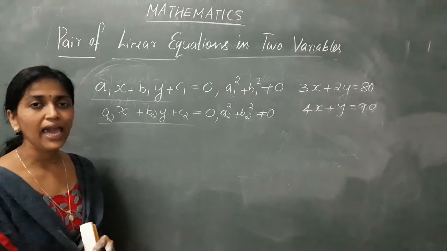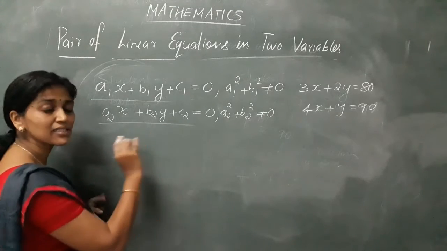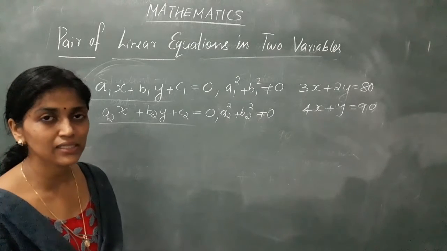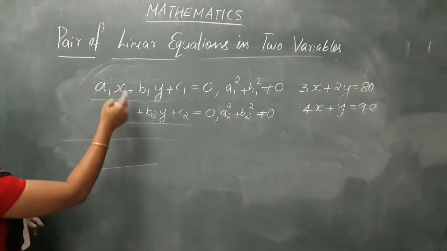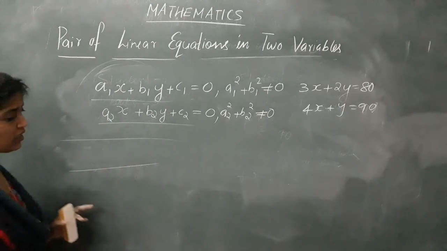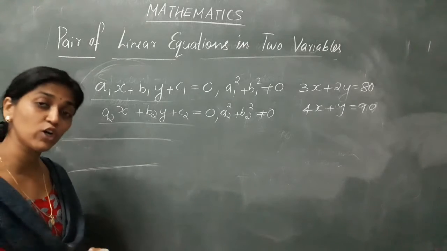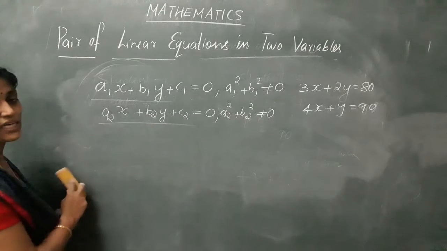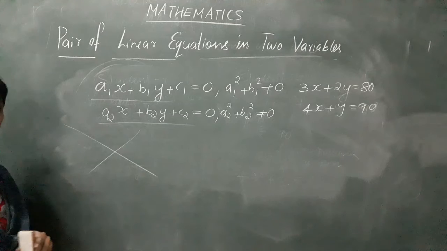Clear? We also studied in 9th standard, when we draw two lines in a plane, what the three possibilities are. Suppose I draw two lines in a plane; there are three possibilities. One is that the lines can intersect.